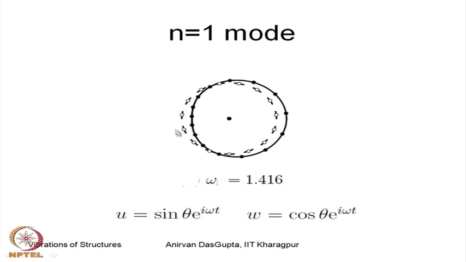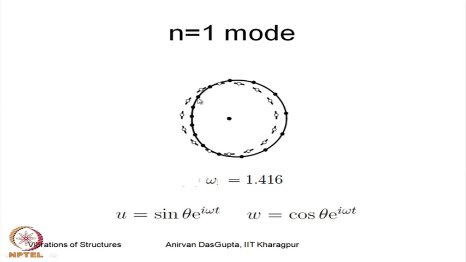So, here you can see this is the undeformed ring, and I have drawn these empty circles to indicate the particles before deformation, and these filled circles are these particles, or material points, after deformation. So, you can see that there is a clustering of these material points here.